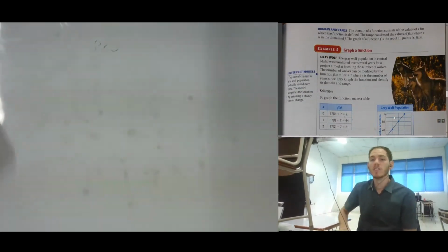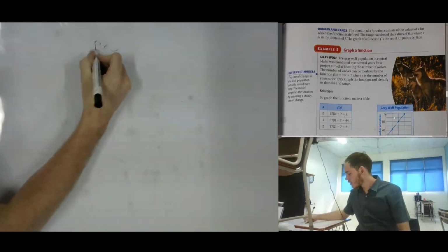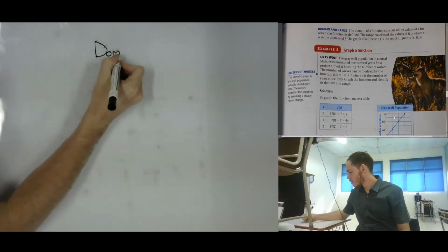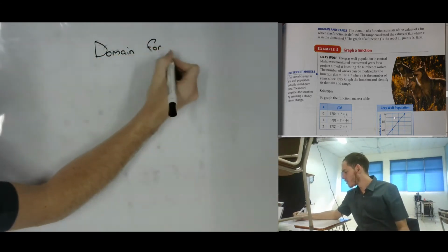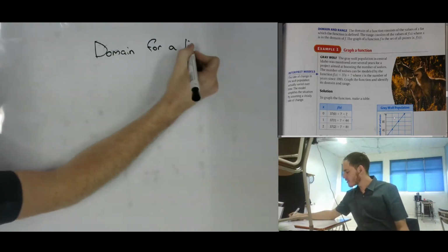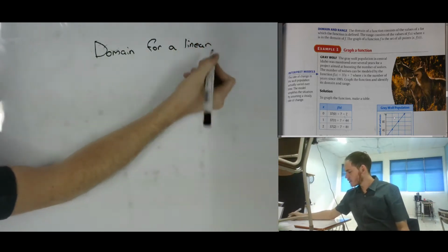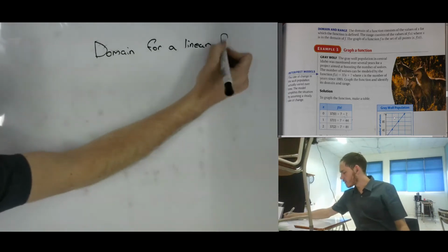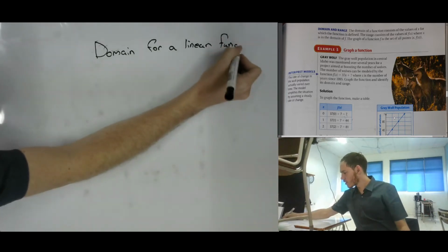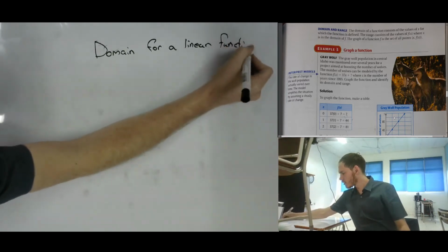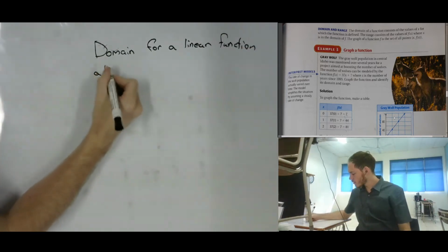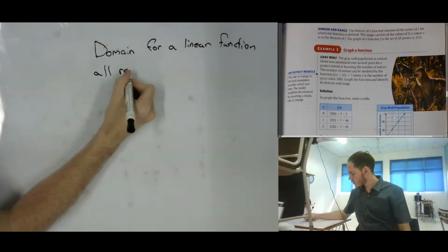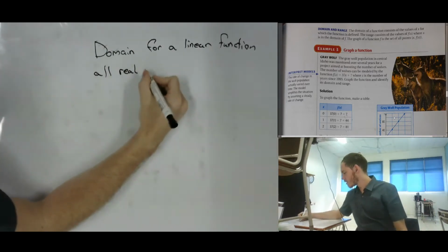The domain and range. So the domain for a linear function is going to be all real numbers. There are 3 ways of writing this.